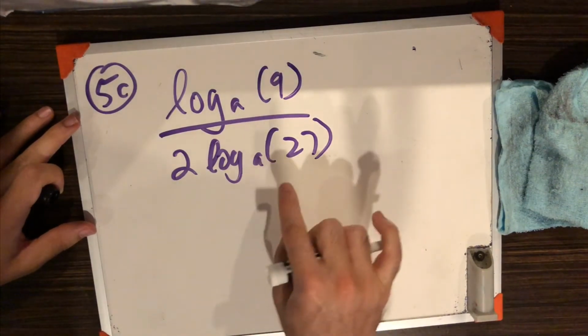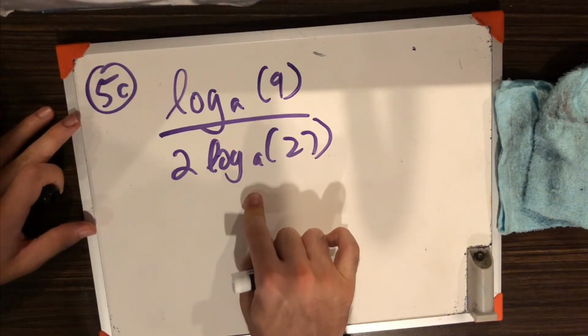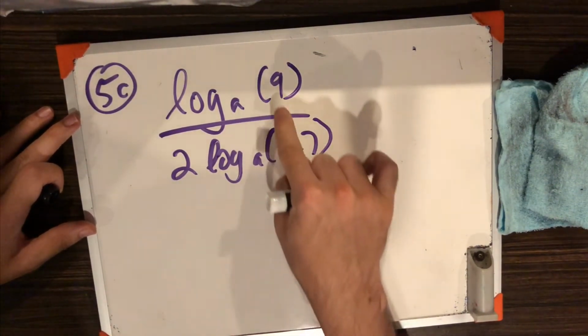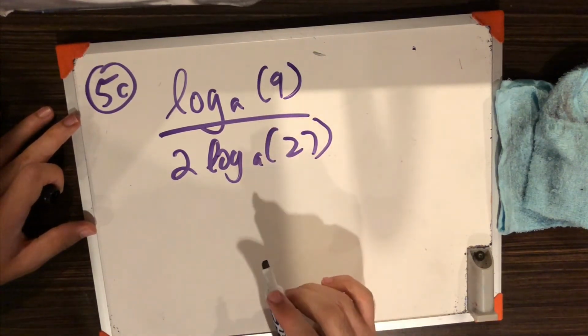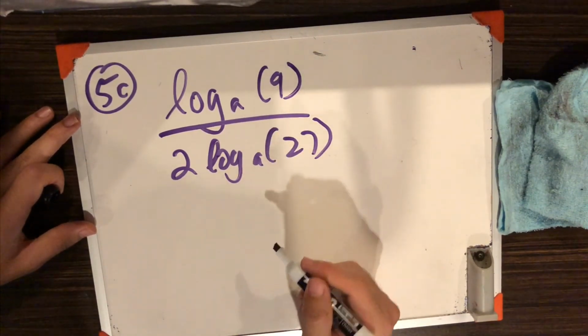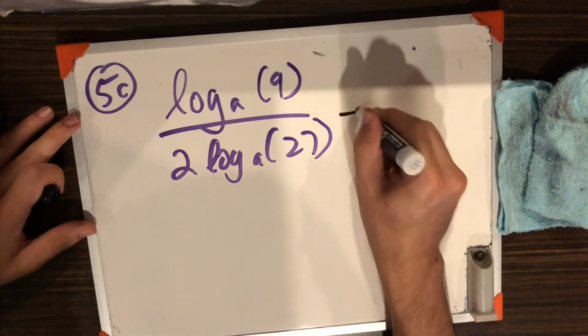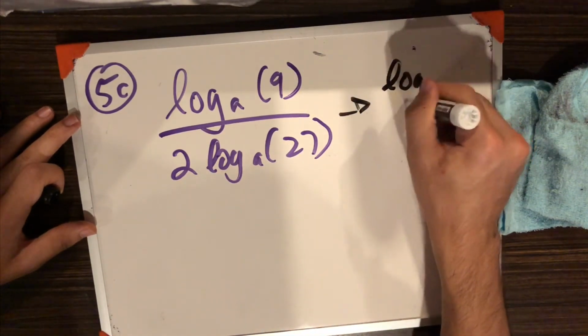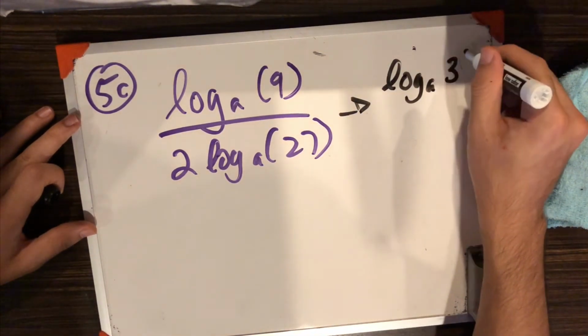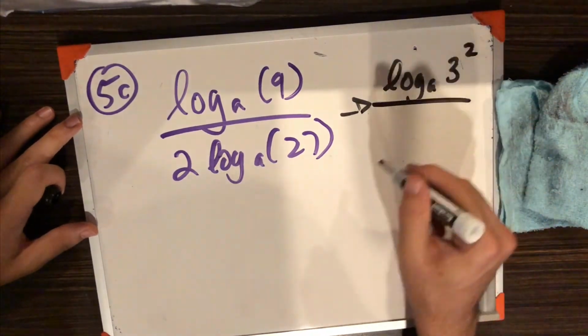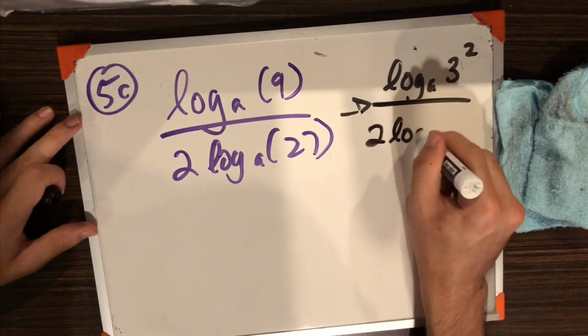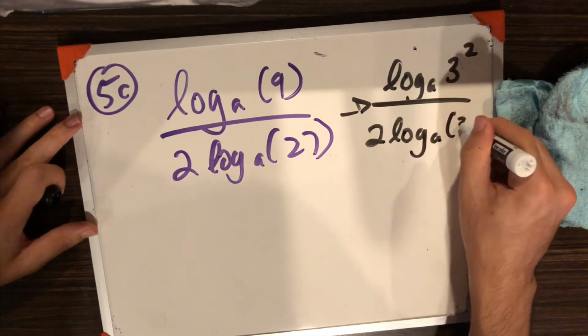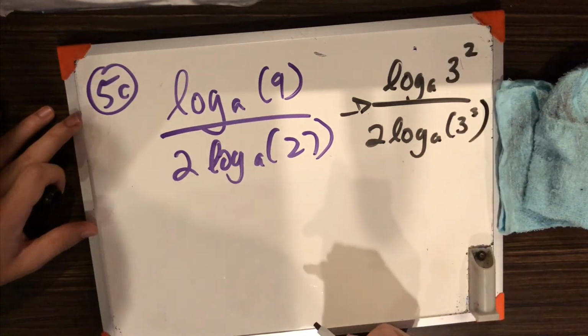Alright, 5c. For 5c, again, your best bet is to change these so they might possibly cancel out. Let's change this to log base a of 3 over 2, and this to 2 times log base a of 3 to the 3rd power.